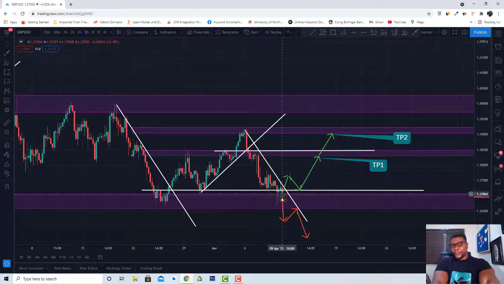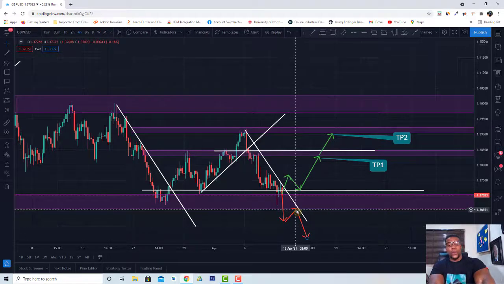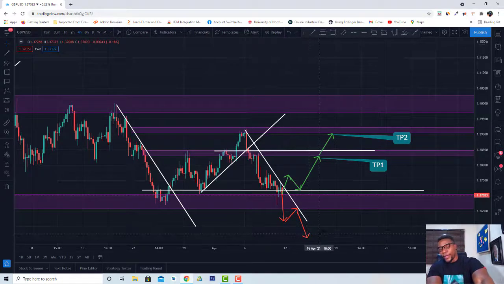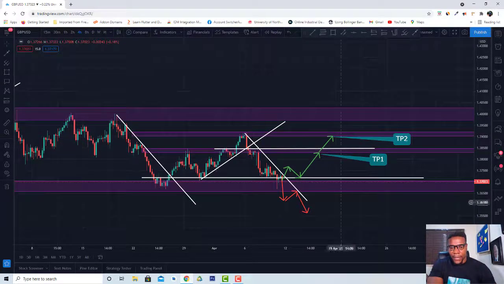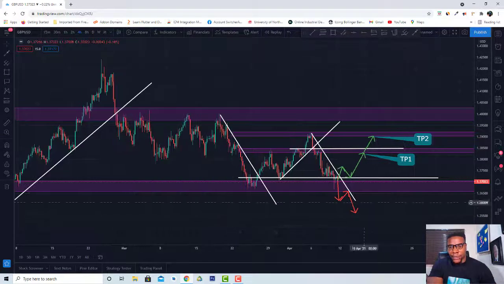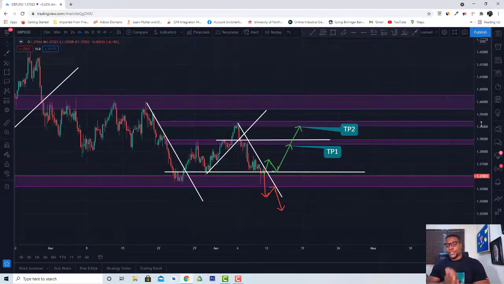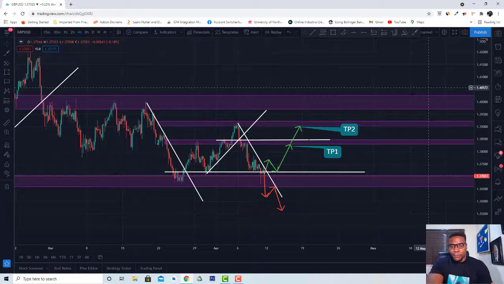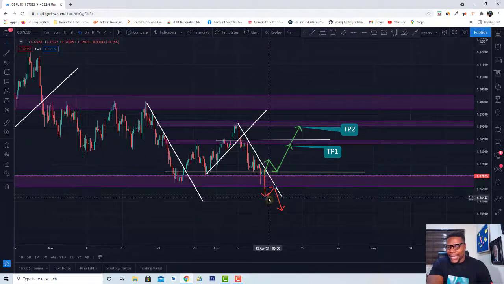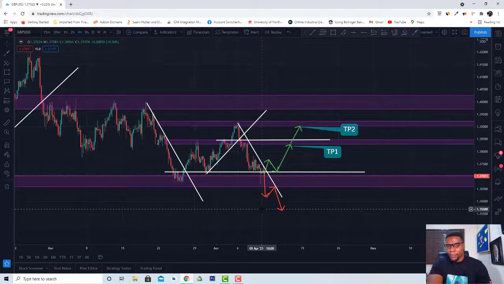However, if we have this break on this zone on the downside, we know we are going to ride the wave all the way down here. Now, as a final way to augment this, we need to look for divergences to see if this bearish pressure is getting exhausted and then have more expectation on the upside.